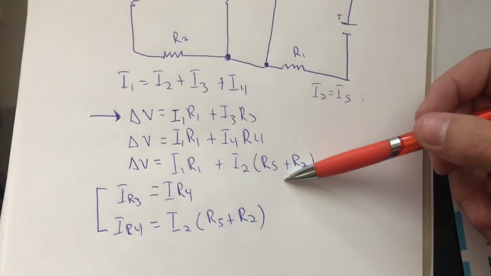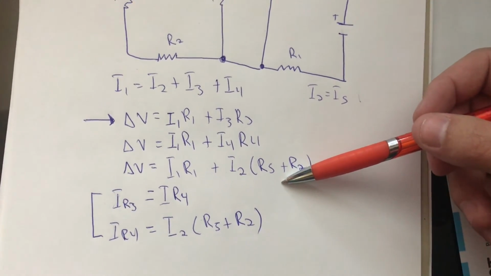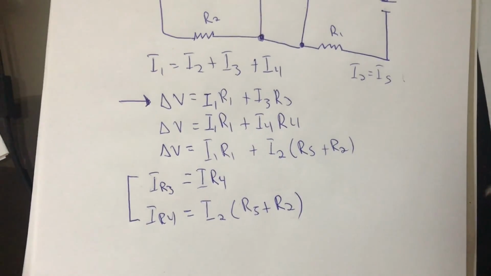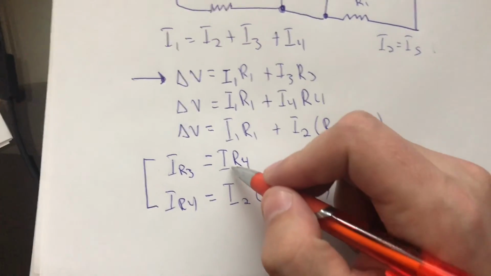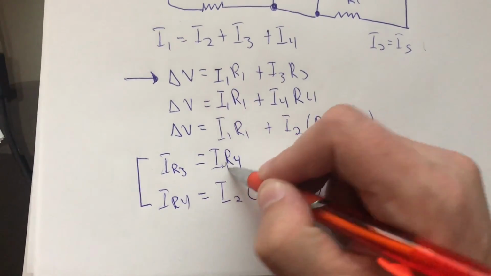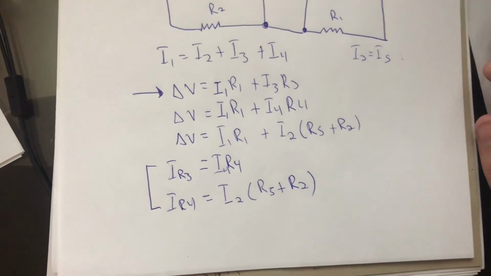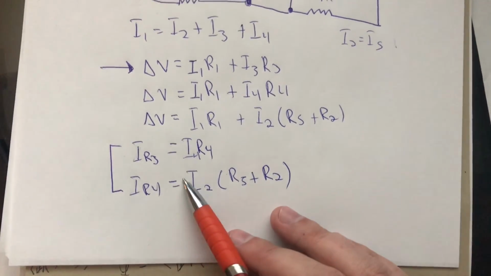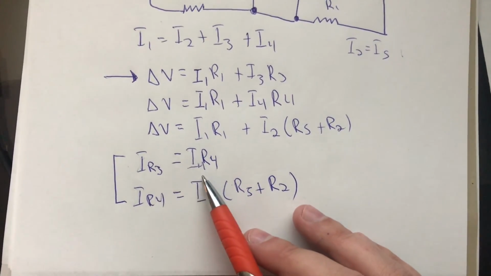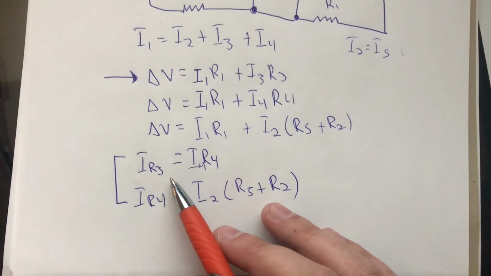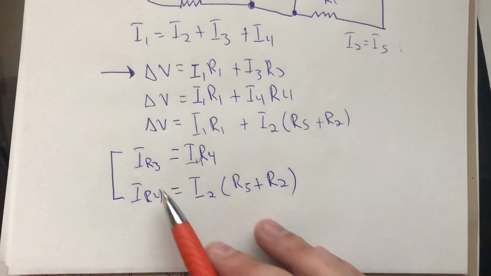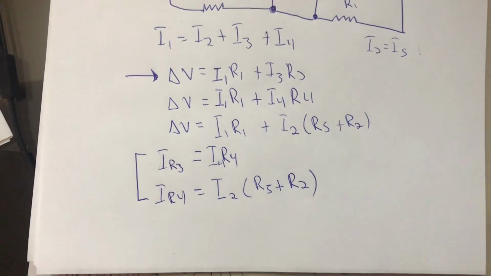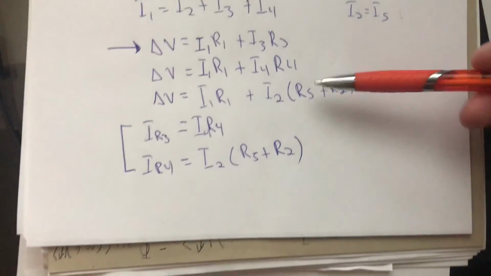So what I recommend doing is using this. Oh, this is supposed to be, I think, a 4 here. Or is it? Yeah. What I recommend doing in these is try to get everything in terms of I4, and then plugging it back in. So essentially, you're going to do the same system of equations approach, right?